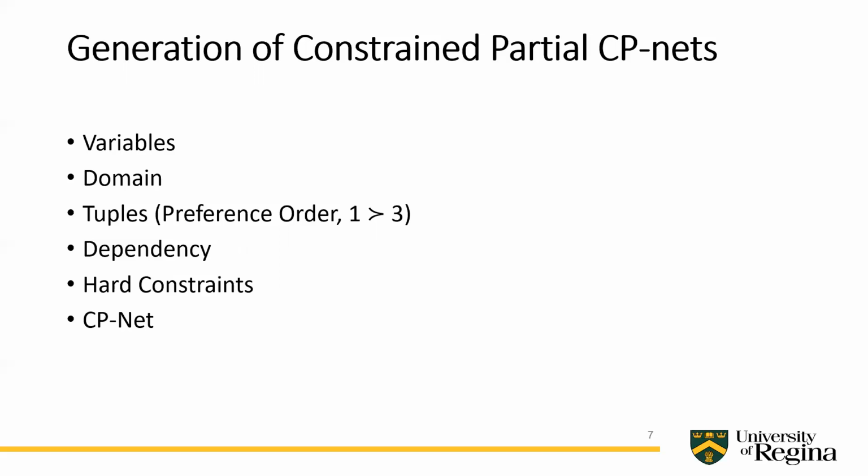So for testing the algorithm itself, I have to create a generator that can generate as much data as we need. Let's say the generator that we have designed can generate a CPNet with 25 variables.